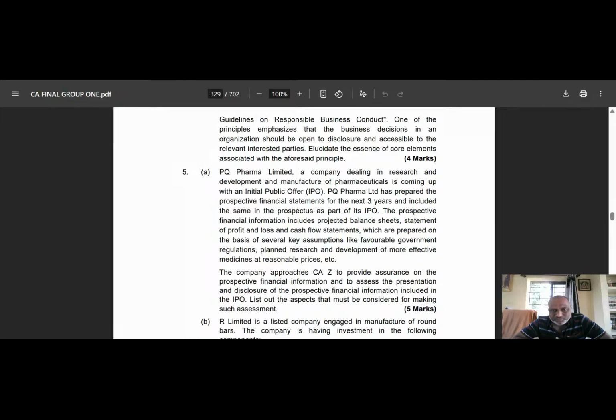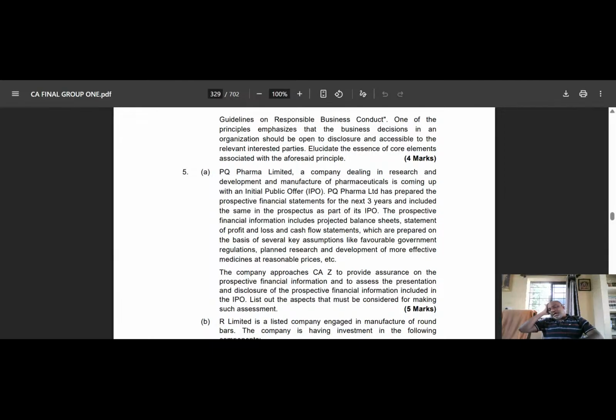One of the principles emphasizes that the business decisions in an organization should be open to disclosure and accessible to the relevant interested parties. Elucidate the essence of the core elements associated with the aforesaid principle.